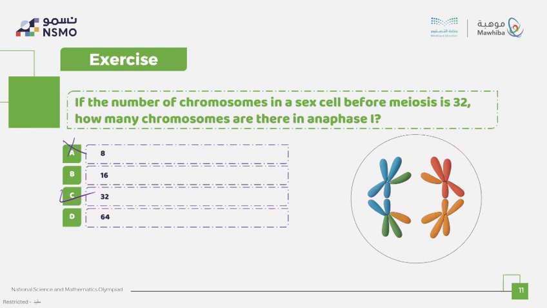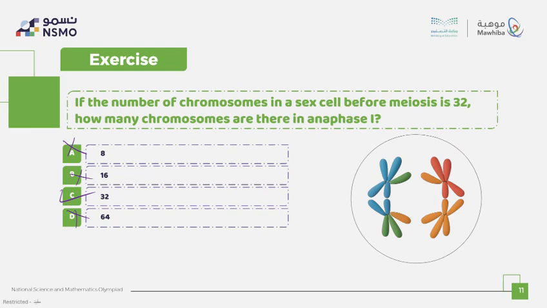And in B, which is 16, the reduction happens after meiosis 1, so that one we didn't need. We said C, 32, is the correct one. D, 64, is wrong because this would require duplication.